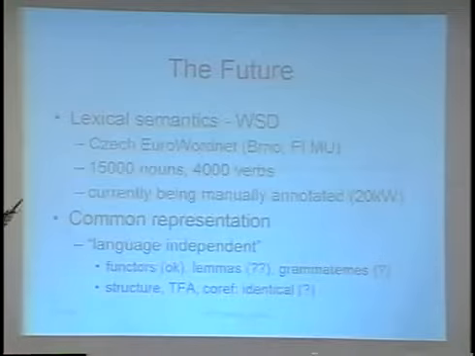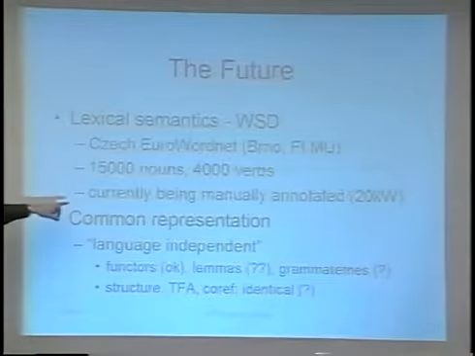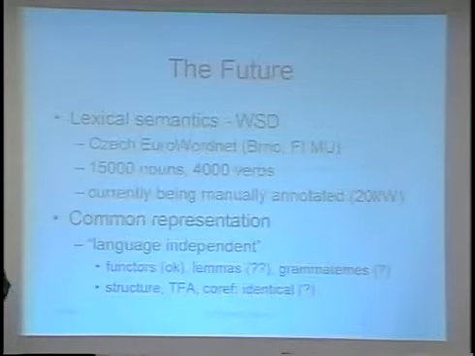So we are using the WordNet for Czech. That's part of EuroWordNet, which is a collection of languages that's linked to the English WordNet. It currently contains only 50,000 nouns and 4,000 verbs, but fortunately they were chosen based on frequencies, so we can cover most of the text. We have found various problems and are working with the people in Brno who are actually doing the WordNet.